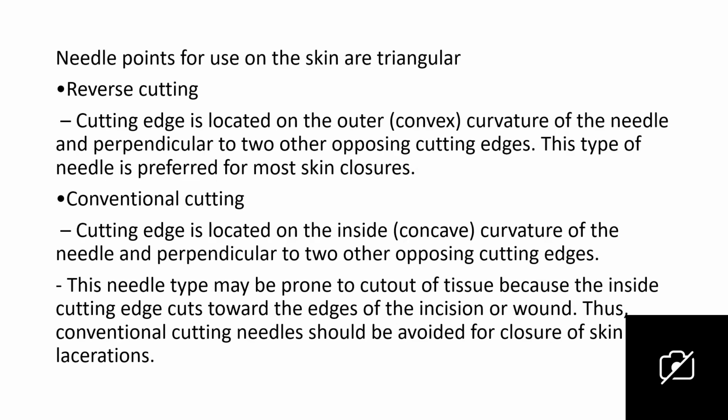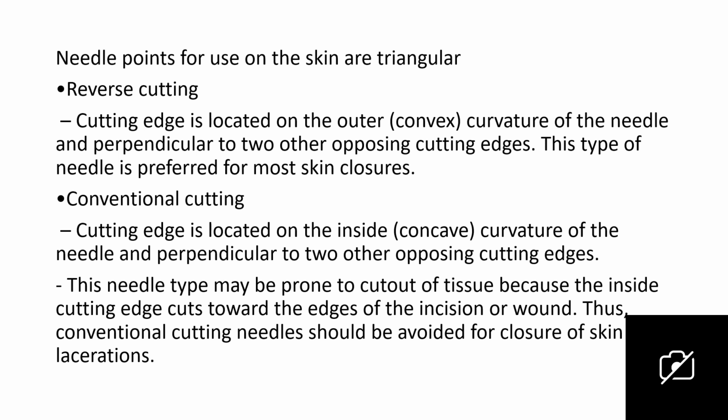Needle points for use on the skin are triangular. Reverse cutting is located on the outer convex surface of the needle and perpendicular to two other opposing edges. This type of needle is preferred for most skin closures. That means a reverse cutting needle.